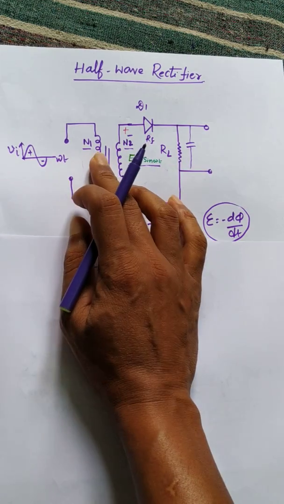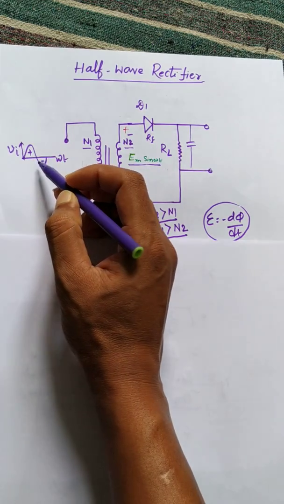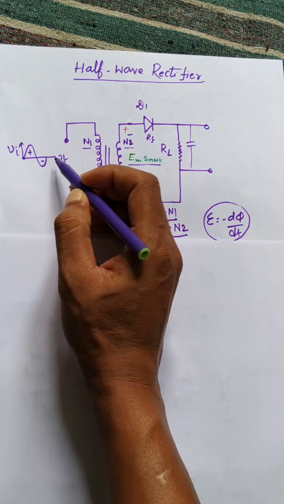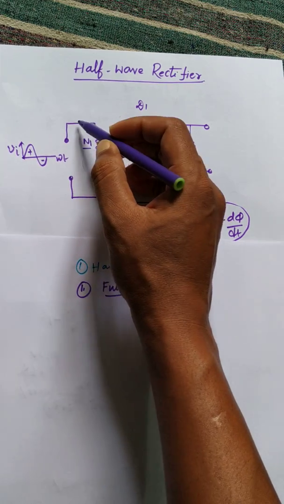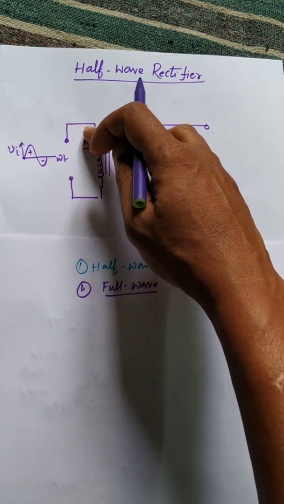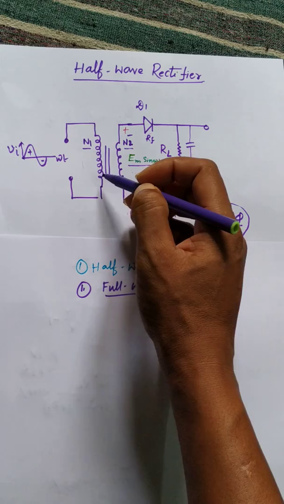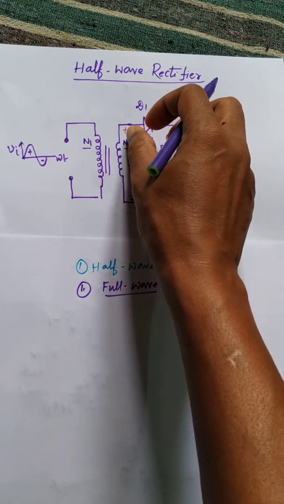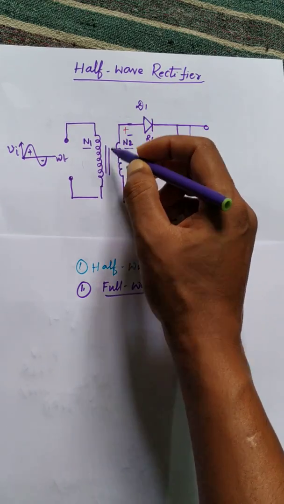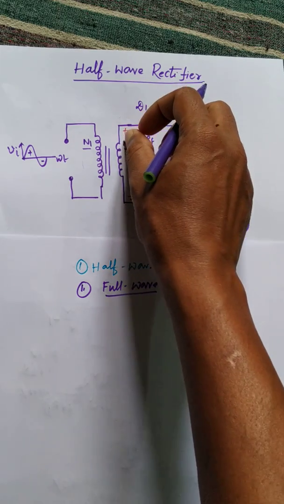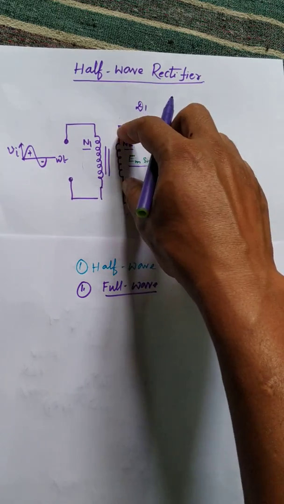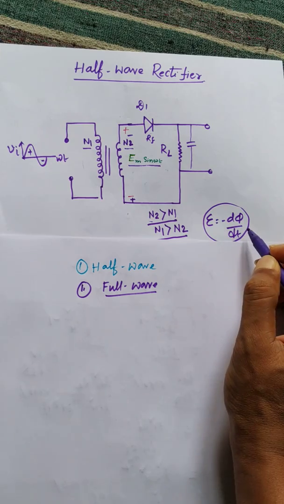But if we apply an AC signal, which changes direction with time, a variable current flows in the primary, and so a variable magnetic field is developed, due to which the flux changes at the secondary, so EMF is induced according to the relation.